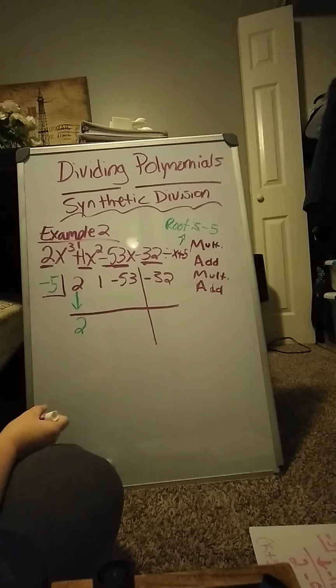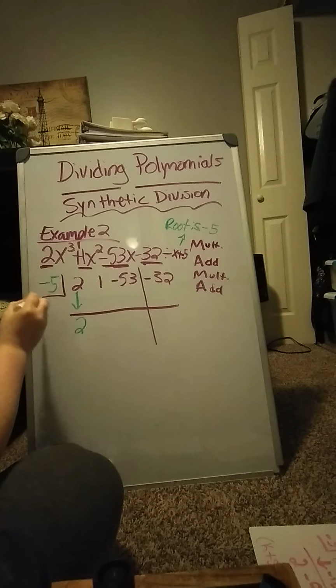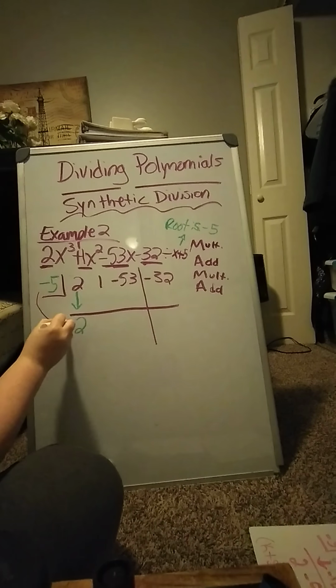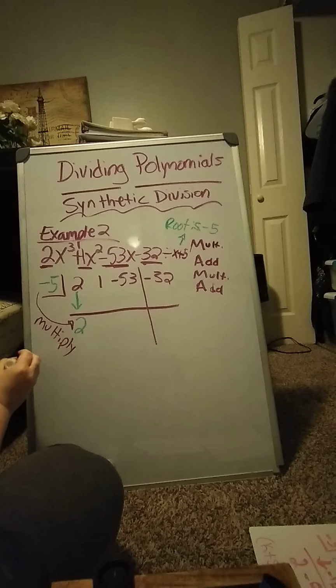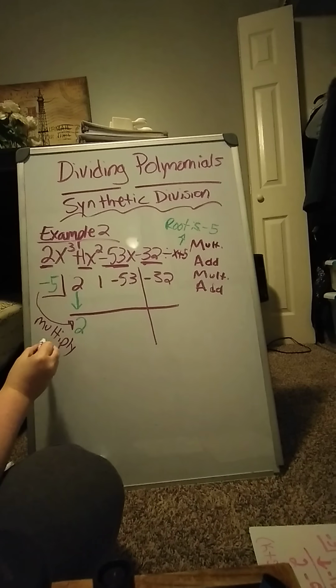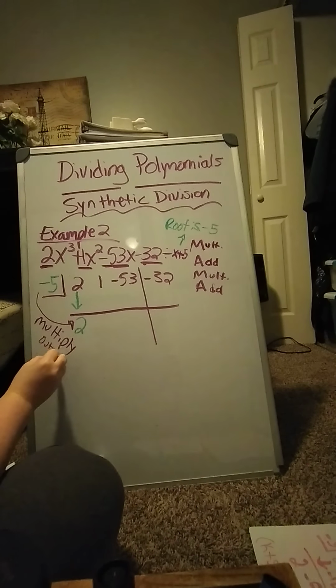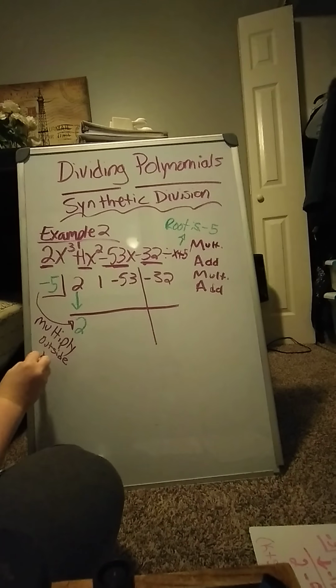And then I'm going to multiply this guy and this guy. Multiply. Okay? So we multiply outside by bottom. Okay?